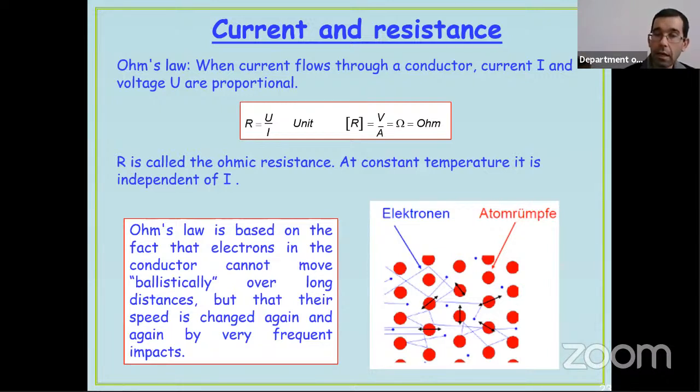If this blockage is not so heavy, just like in metals, then the resistance is small. However, in insulators, the free motion is blocked very heavily, so that's the reason why insulators have a large ohmic resistance.